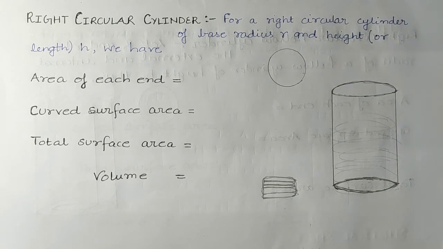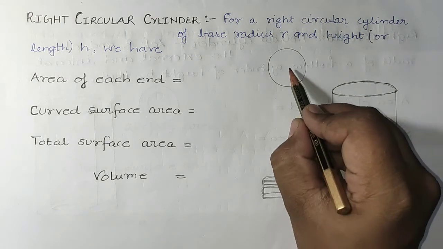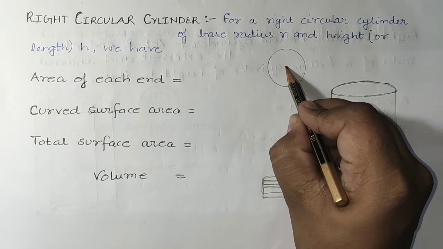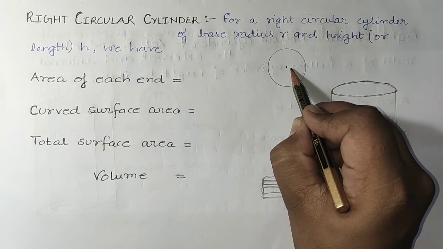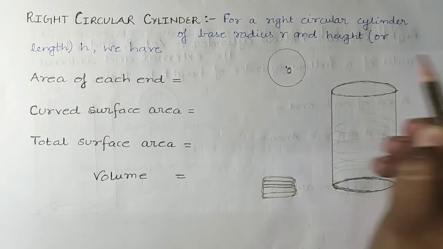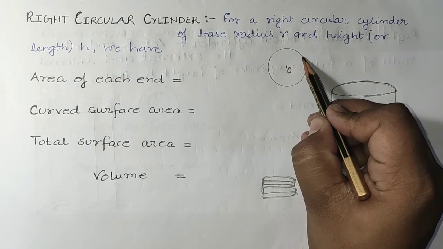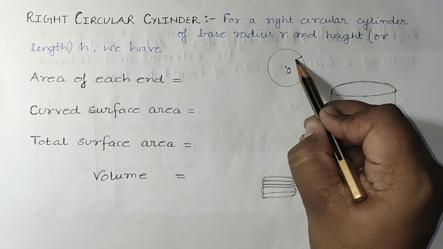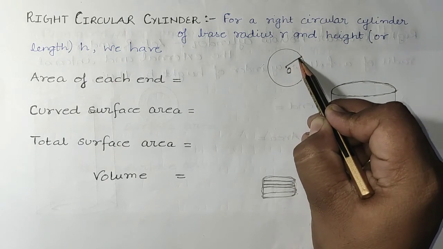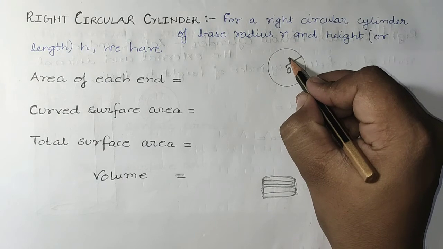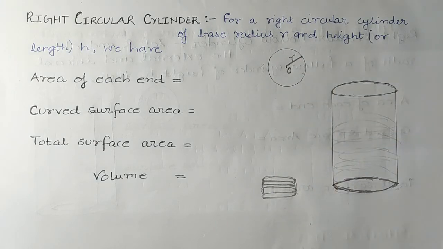So firstly let us understand a circle. As we all know, a circle contains its center, and the distance from any point on the circumference to its center is known as its radius.